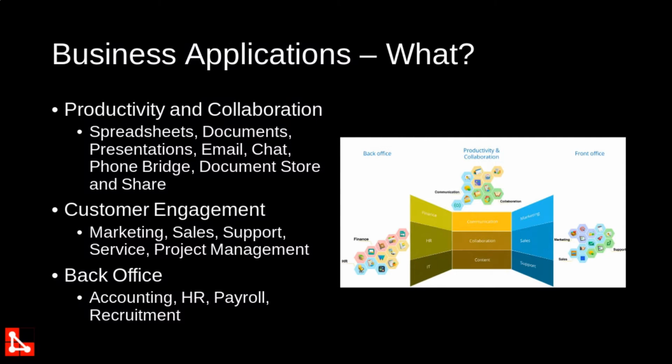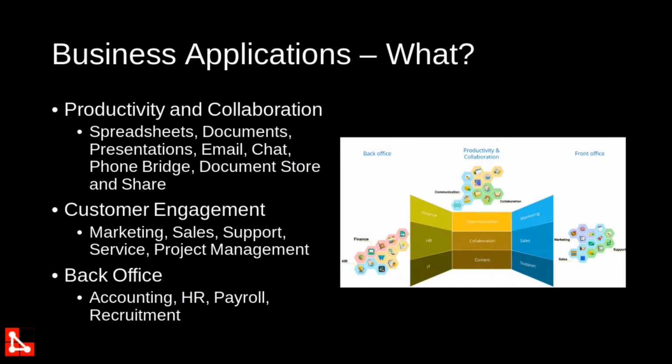But also you have your customer engagement applications. Now, you use your marketing software for email marketing, social marketing, like MailChimp, Hootsuite, etc. You have sales like the CRM systems, support systems, etc. So there's actually a lot more software in the business applications than we usually give ourselves credit for. And then finally in the back office, and that's where we think of first when we think of business apps, right?